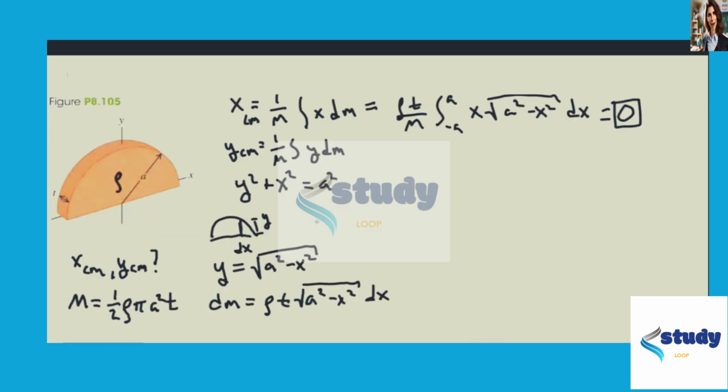For the y center of mass, we want to integrate these little dy strips. They have a width of 2x, and then the thickness is, of course, t always, and then dy is their height.